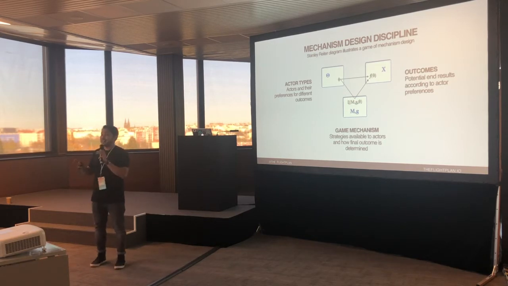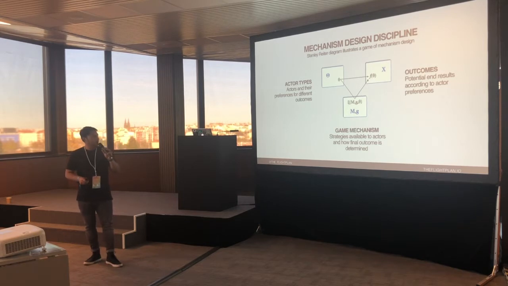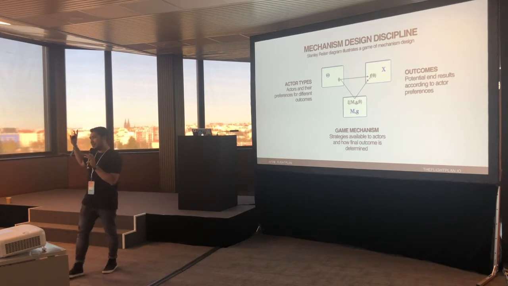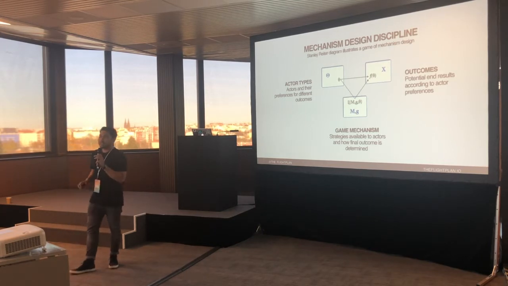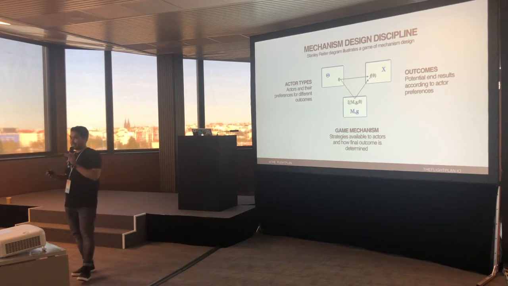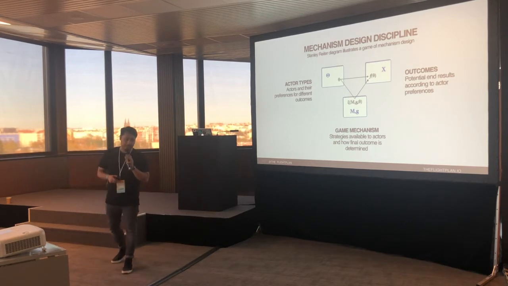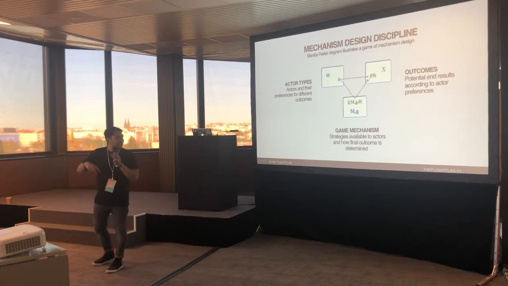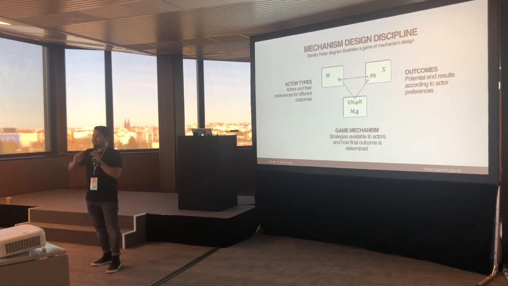So just to give a very high-level overview of what mechanism design means formally, we have a space that's signified by the box on your left, which signifies the different type of actors with private information about the system and their specific preferences. And as they participate in the system, it will result in a bunch of outcomes that appears as the box on your right.